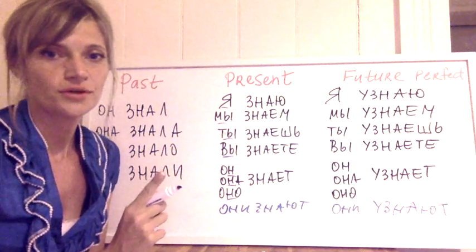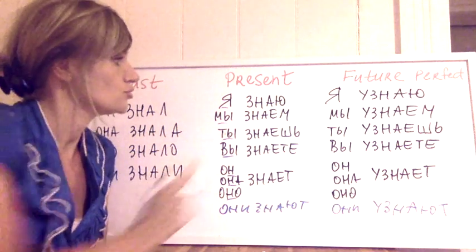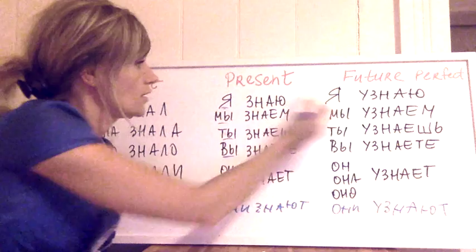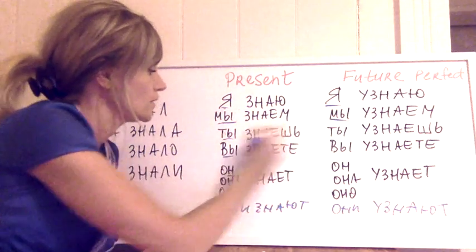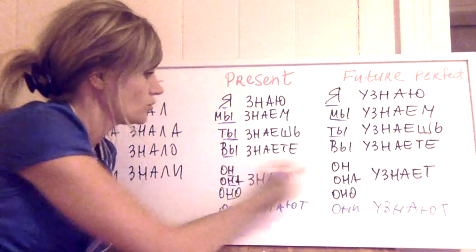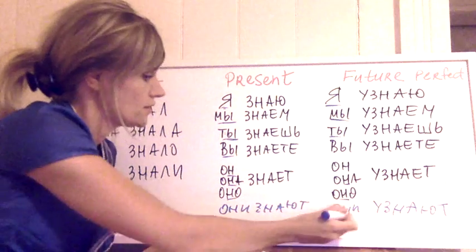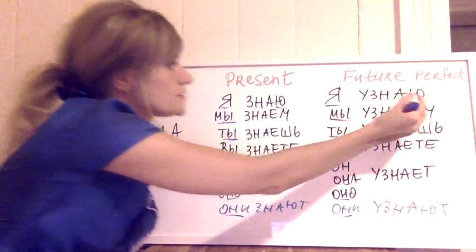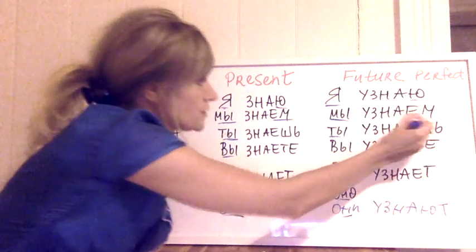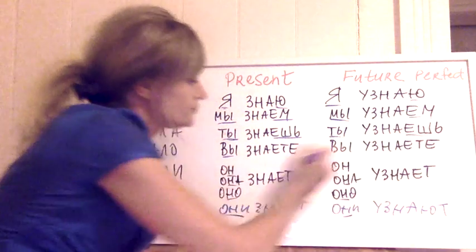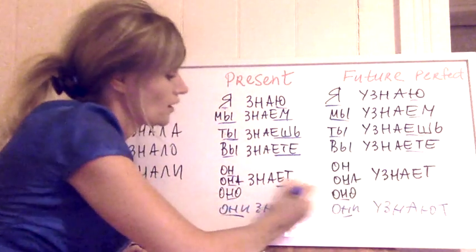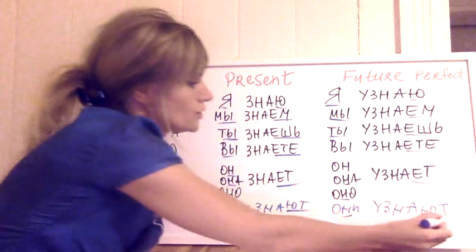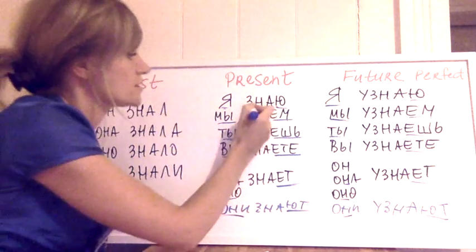The same verb behaves in the future. You see? Я, мы, ты, он, она. The same. Not only that, the same endings in the present and in the future. The same. Ют. The same stem.